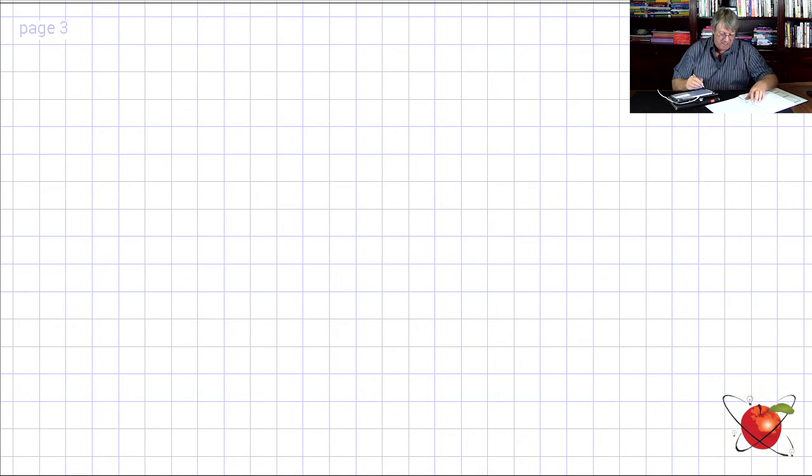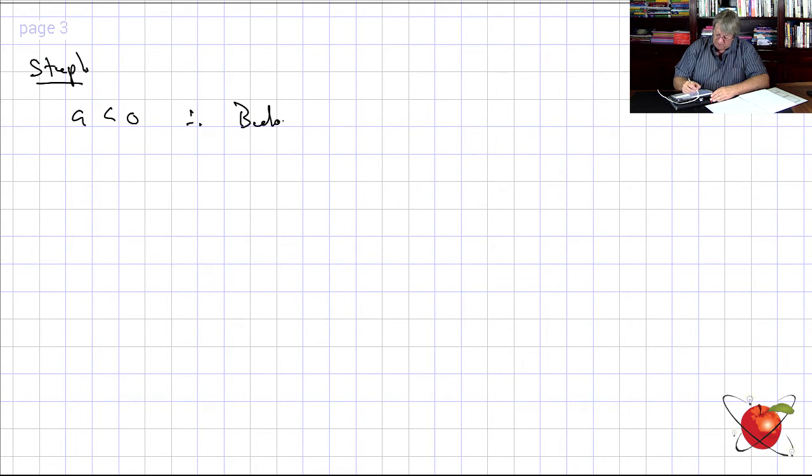In this case, step 1, we say, is it going to be above or below? A is less than 0, therefore below. And in this case, yes, B is less than 1, okay? So it's below the asymptote.